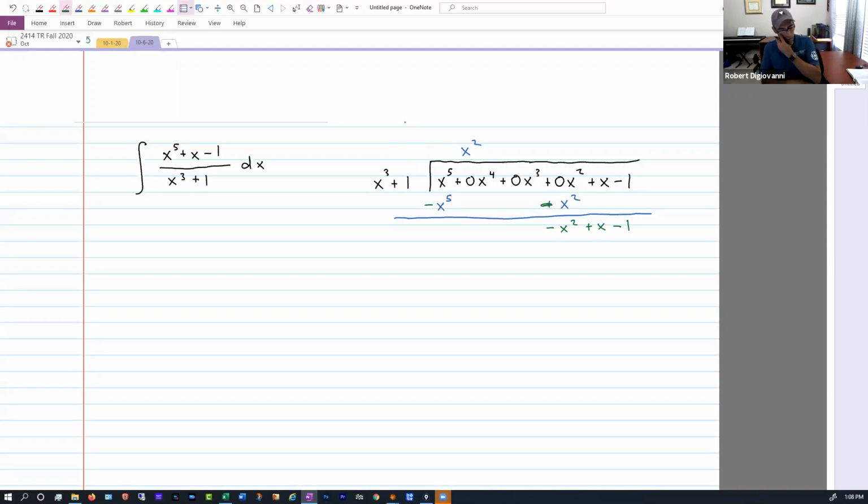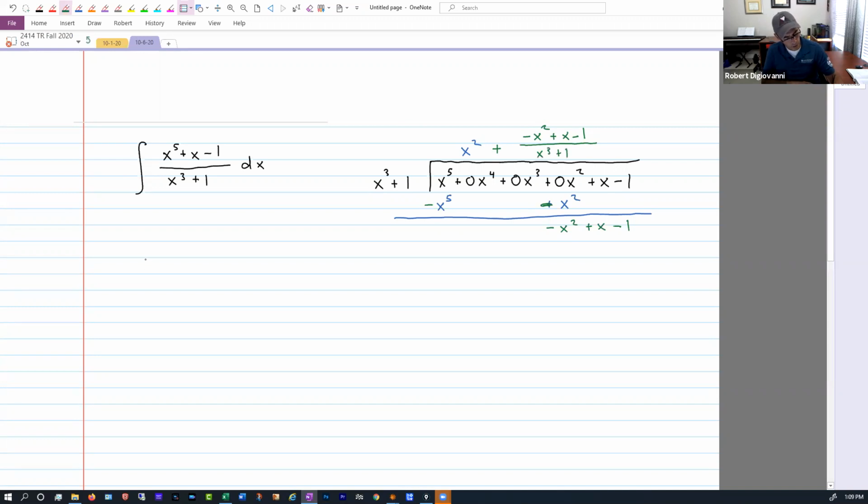Okay, so I'm done now, aren't I? There's nothing else for me to do because I can't turn x cubed into x squared. So that's my remainder, all of that over the divisor.